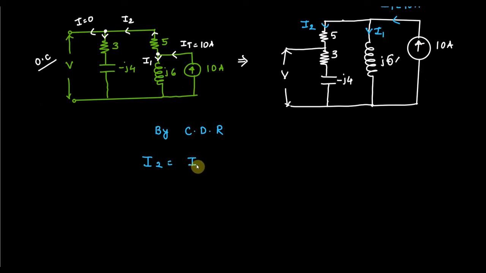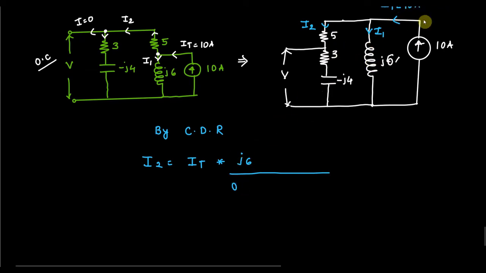I2 is the total current multiplied by the opposite side branch, which is J6, divided by the sum of the parallel branches: 5 plus 3 minus J4 plus J6.